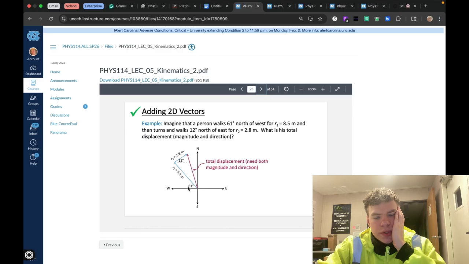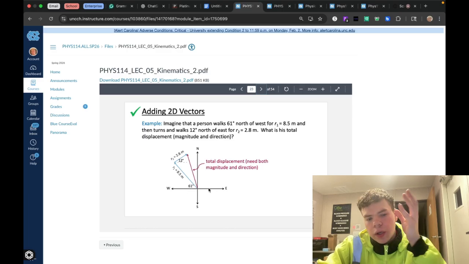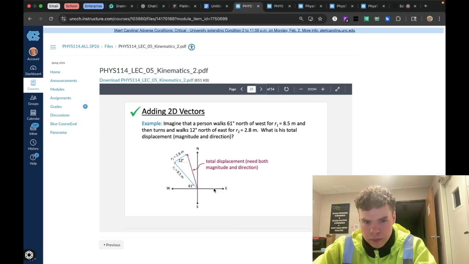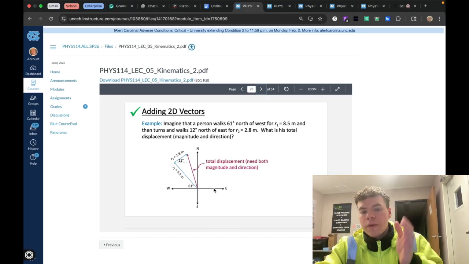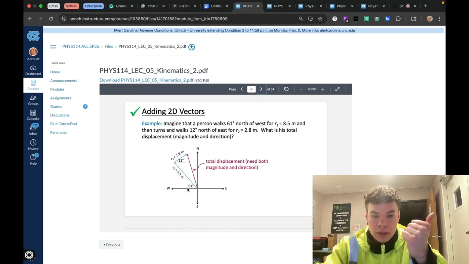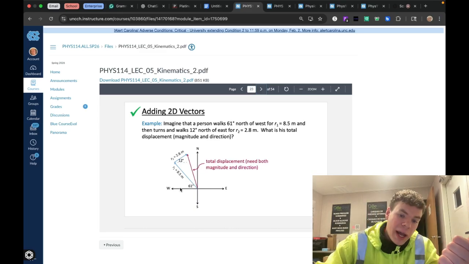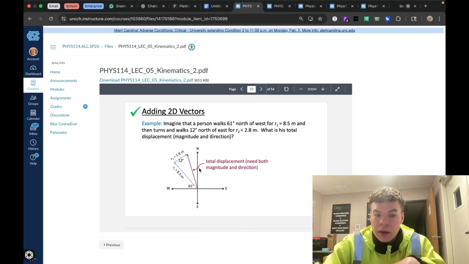So if it says north or south first, you're going to go from the x-axis. I'm just making sure I have these angles right. So it says north of west: you're going to start on the x-axis on the west side and then count upward from that, right?